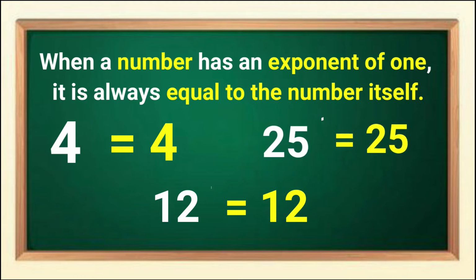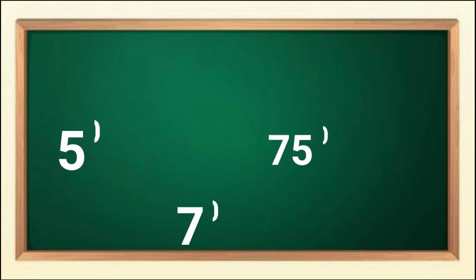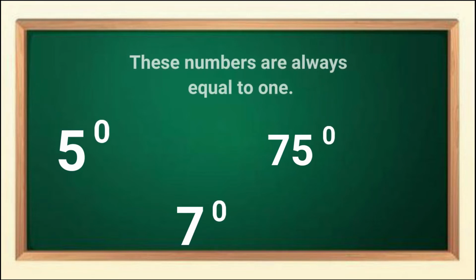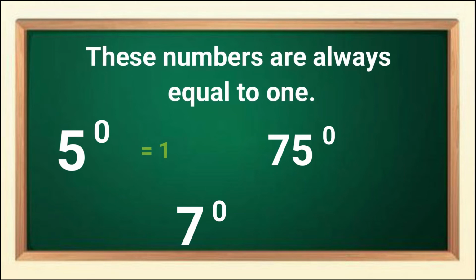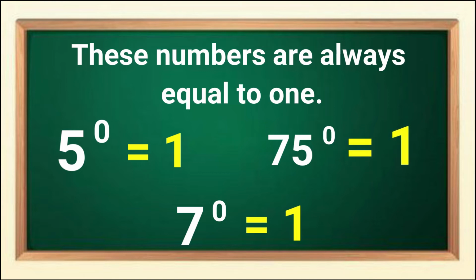Let's have another trivia. Did you know that there are numbers with an exponent of 0? That's right. These numbers are always equal to 1. So 5 raised to 0 is equal to 1. 7 with an exponent of 0 is equal to 1.